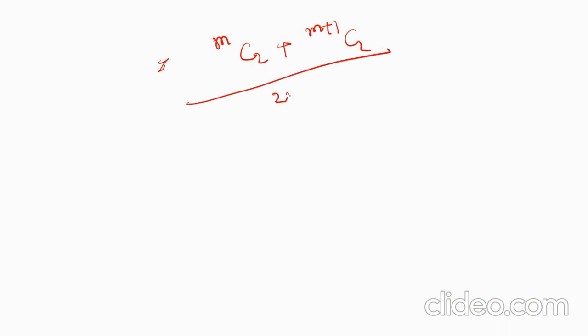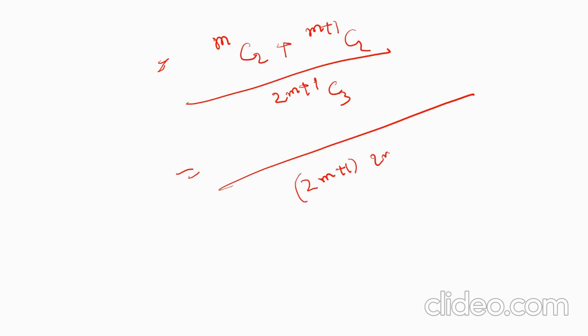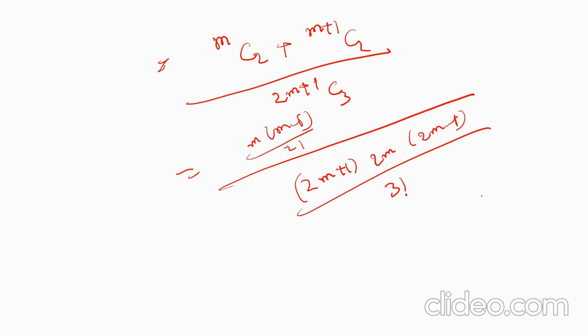Divided by 2m plus 1 c3. So it will be 2m plus 1, 2m, 2m minus 1 divided by 3 factorial. It will be m minus 1 divided by 2 factorial plus m plus 1 times m divided by 2 factorial.